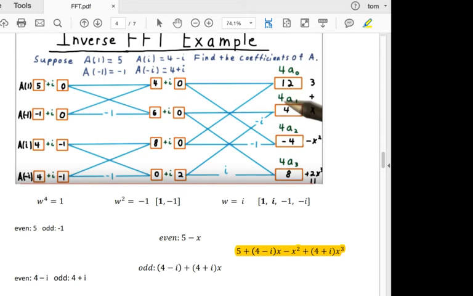For this part, it doesn't contain any x, so just fill it with the coefficients. And for this part, the blue line, again, just use the formula: even plus odd, even minus odd.